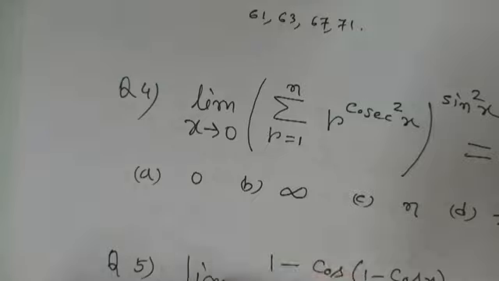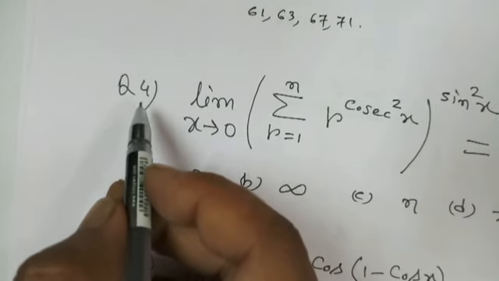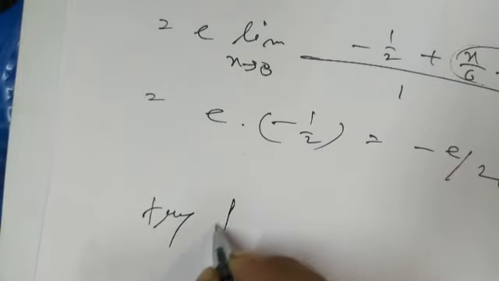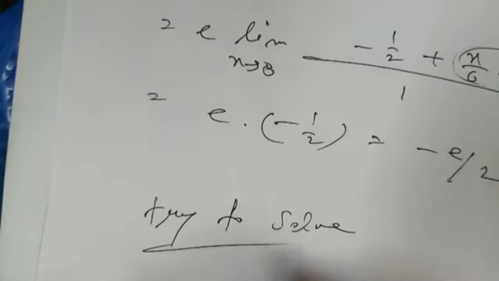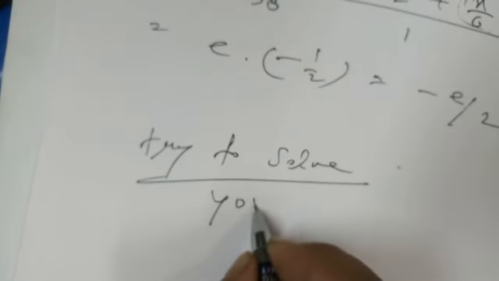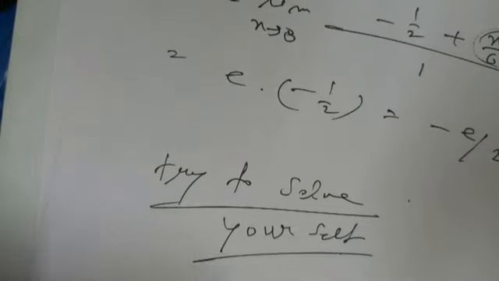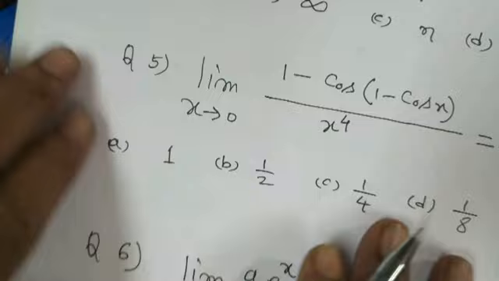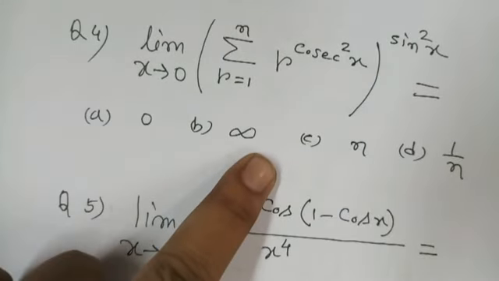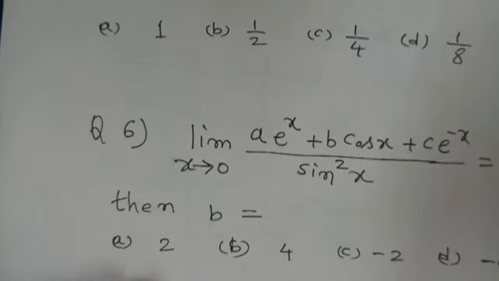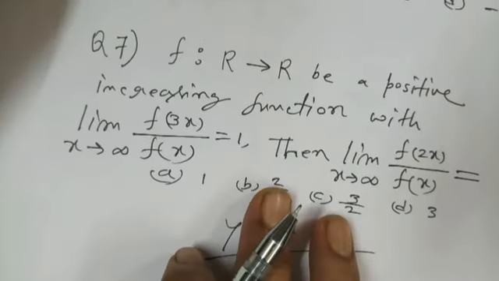So students, solve question number 4 yourself, try to solve yourself. Question number 4, question number 5, question number 6, okay, these 4 options, question number 5, question number 6, question number 7.